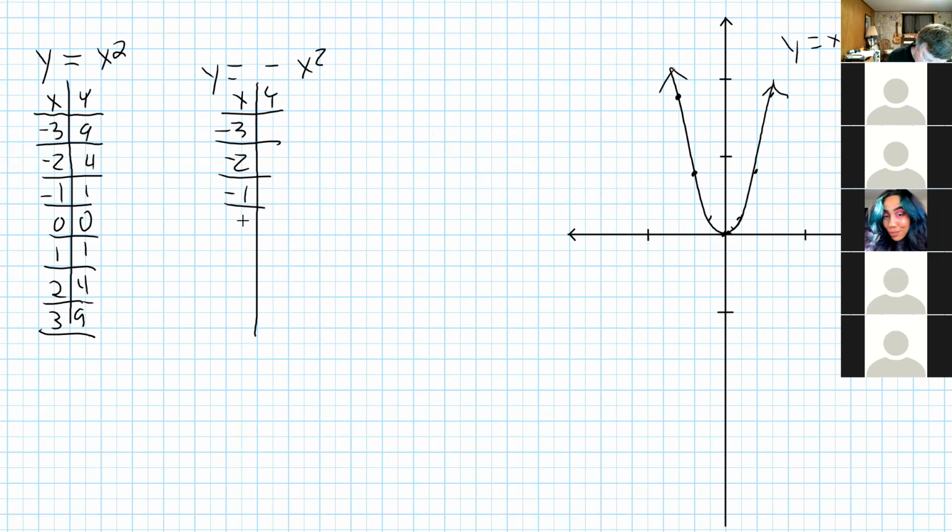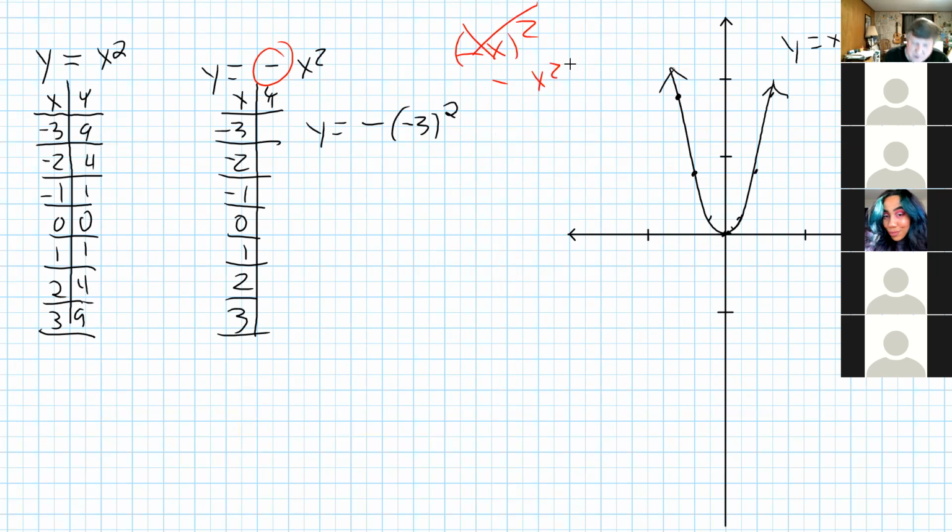Now, order of operations, y would equal negative the quantity -3 squared. This negative sign is outside of the square. It's not -x, the quantity squared. It's -x squared.